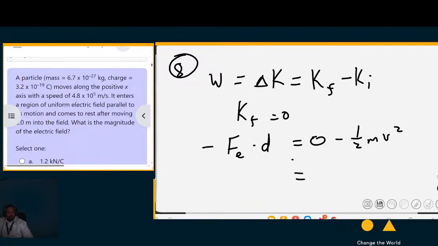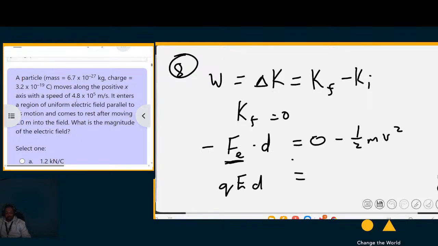We want the electric field. Now the electrostatic force, or electric force, you should have dealt with it from the last topic, is Fe. This Fe here is equal to Q times the electric field, and then we still multiply by the distance.